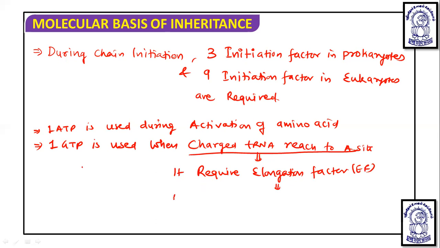That is eukaryotic elongation factor 1 in eukaryotes, and elongation factor Tu and elongation factor Ts in prokaryotes.